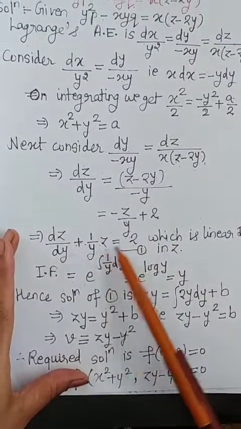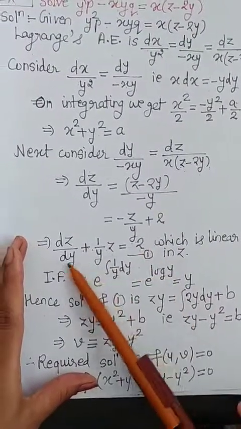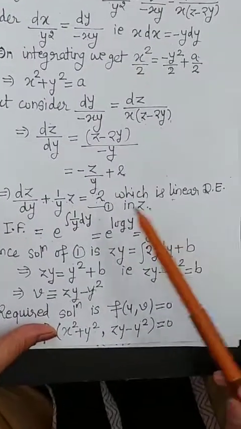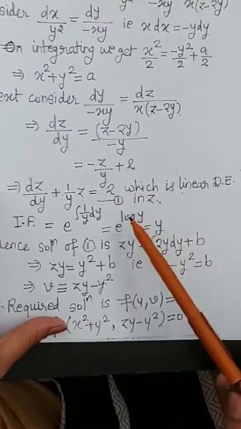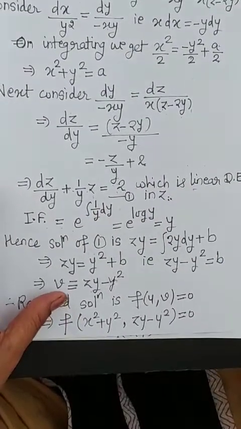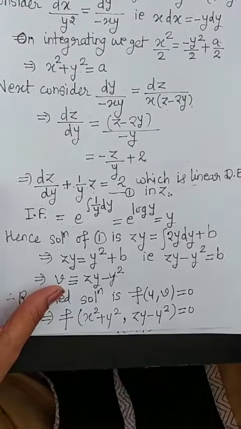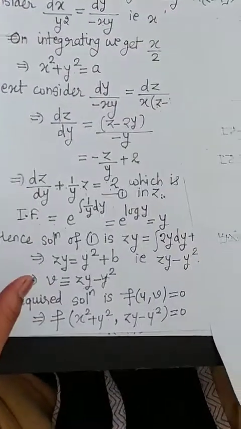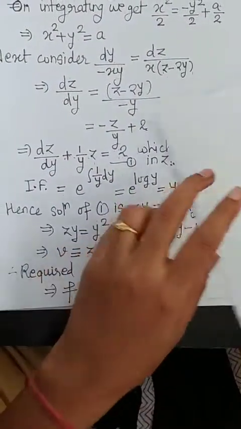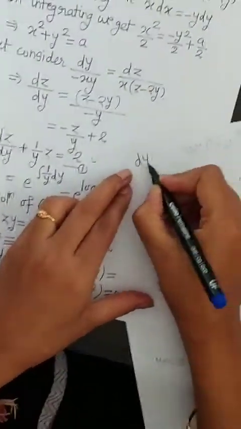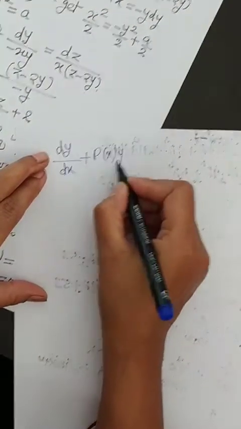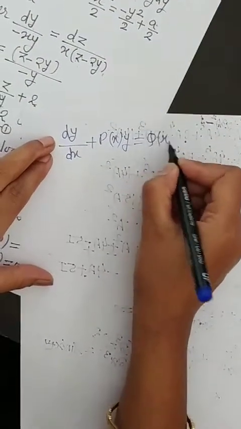Now the left hand side. So what is here? It is nothing but a linear differential equation in z. If you remember, in ordinary differential equations, the form of the linear differential equation is dy by dx plus p of x into y equal to q of x, right?